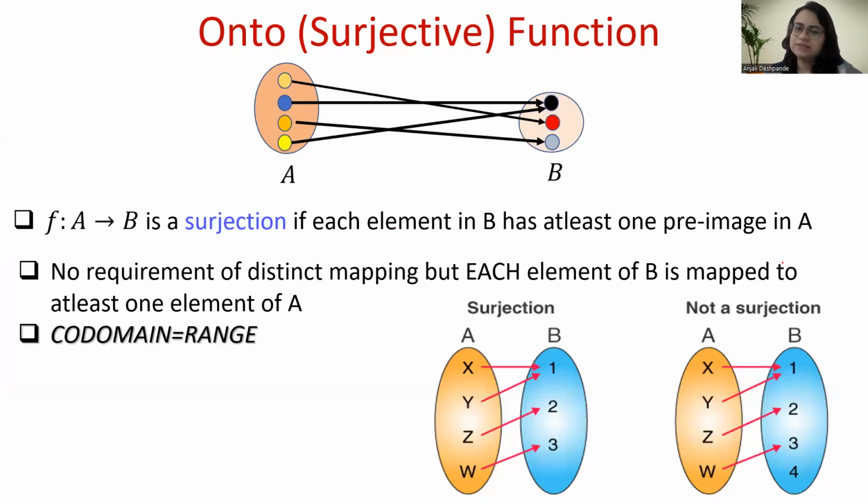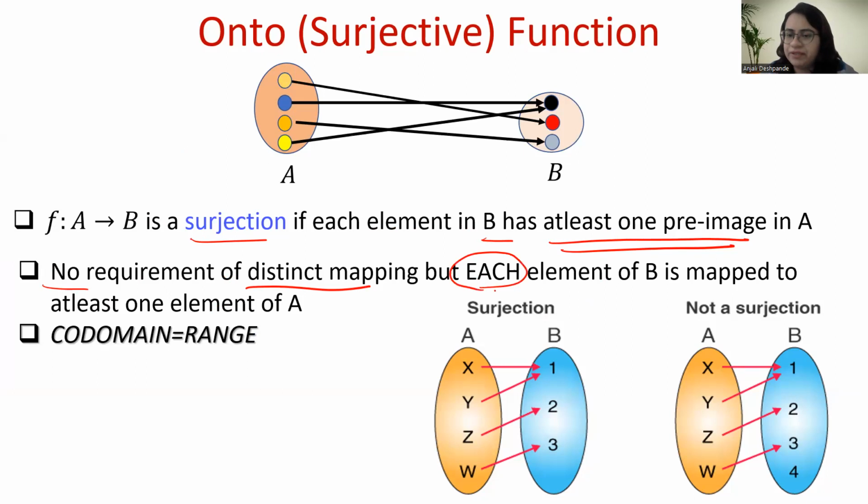Now next is the onto function, which is also called the surjective function. A function f from A to B is a surjection if each element in B has at least one pre-image in A. So here there is no requirement of distinct mapping, but each element of B is mapped to at least one element of A. That means every element of the codomain should be mapped.